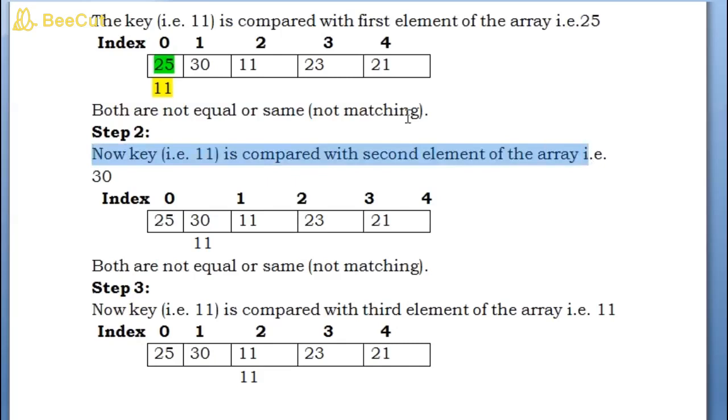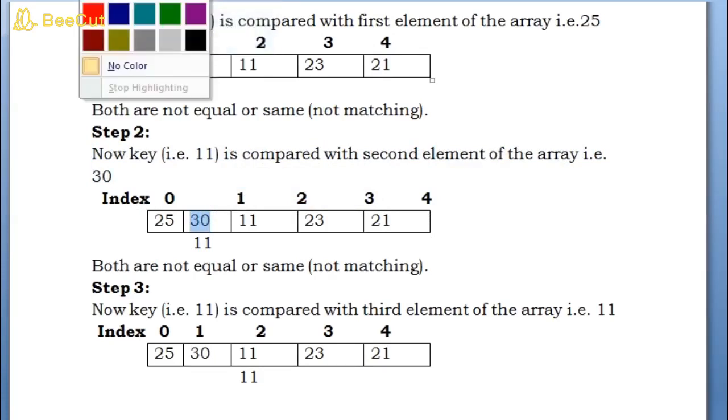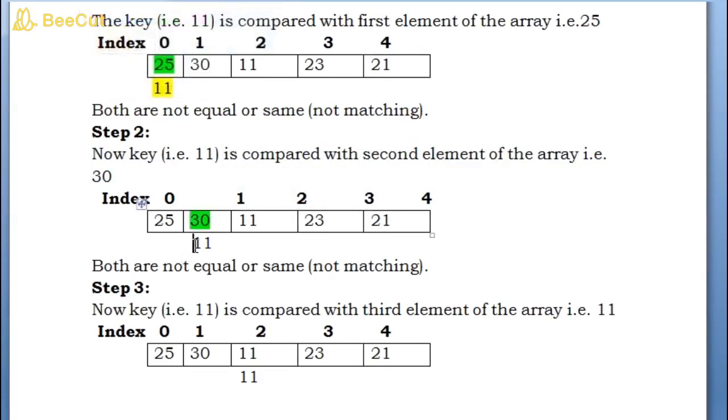What is the second element of the array? If you look at the array elements, the second element is 30. So now the key, that is 11, is compared with the second element of the array, that is 30. Are both the same?